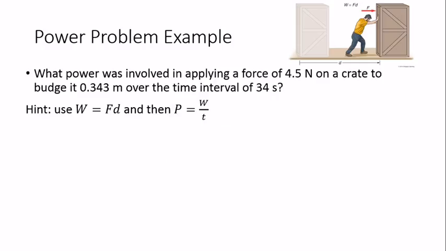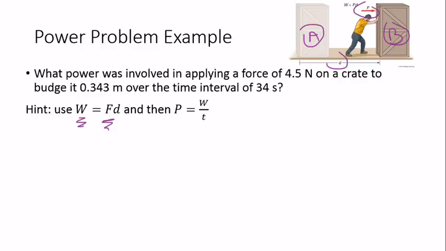So let's do a problem. We talked about how you calculate work. In this case, we're going back to basically an object relocated from position A to position B, horizontally, over distance D with applied force F. And we said that in that case, the work accomplished is equal to the force applied times the distance over which it's applied.